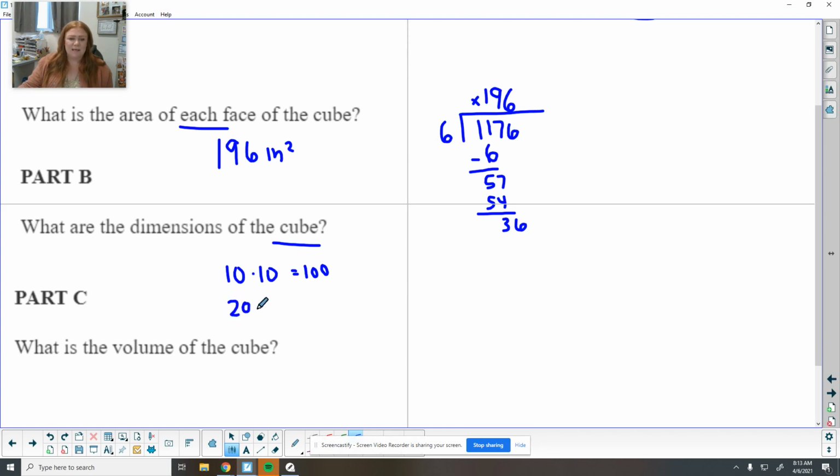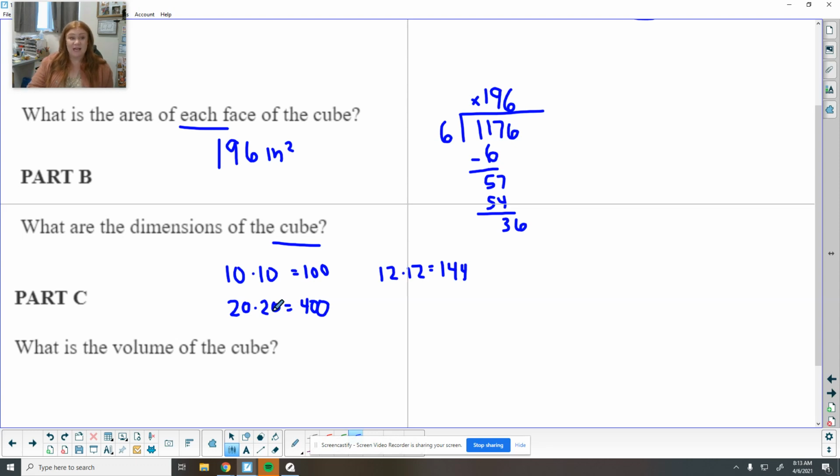If I do 20 by 20, 2 times 2 is 4 with 2 zeros. So 20 is too big. So it's somewhere in the middle here. So, right, I know 12 times 12 off the top of my head is 144. Still not big enough. So it's somewhere between 12 and 20.